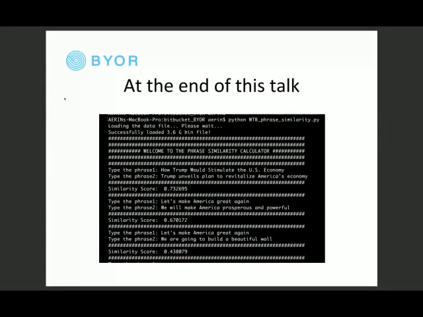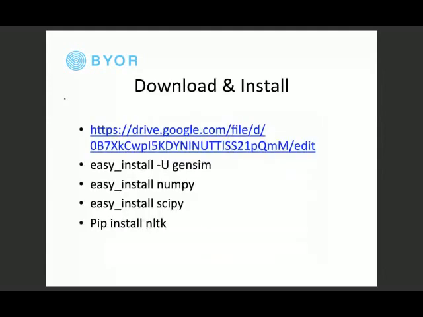At the end of this talk, we'll be able to calculate the similarity between two phrases by using word vectors. You need to download these files on this link. The file is the word embedding file that Google thankfully trained for us and made accessible to the public.